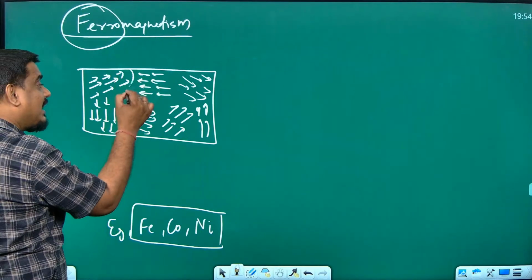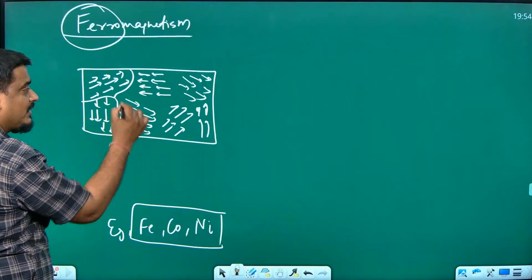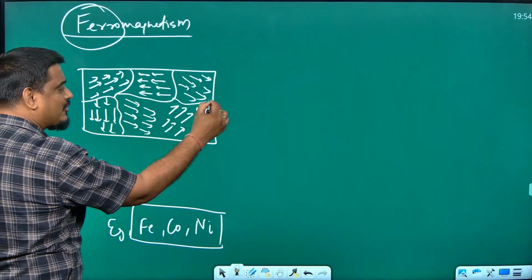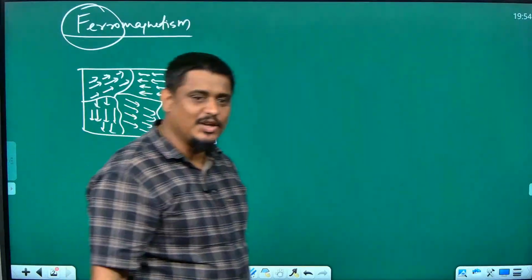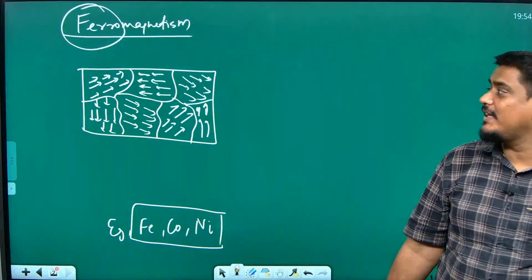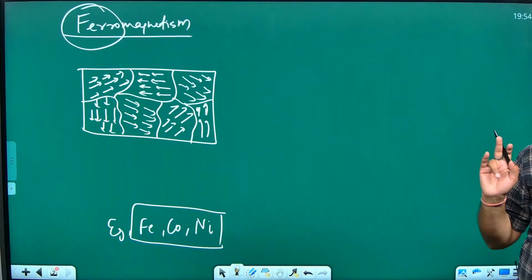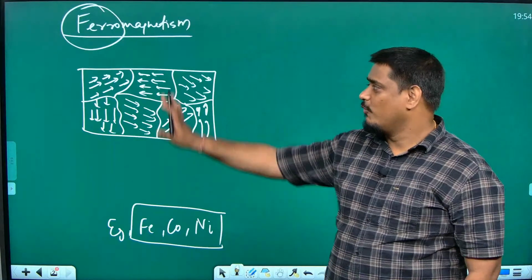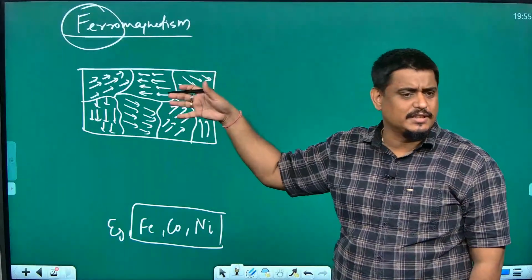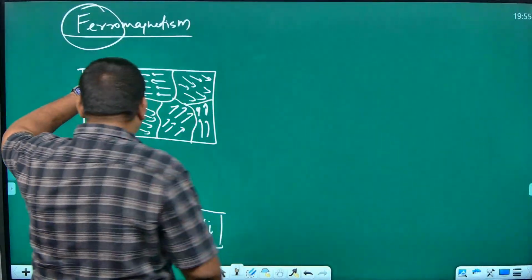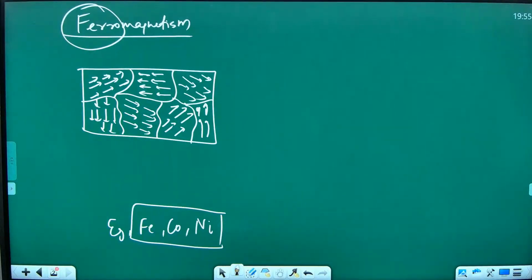Domains are collections of electrons, I should not say electrons, the unpaired electrons, which have magnetic moments in a particular direction. So overall, will this material have magnetism? No, because they are cancelling out each other. But if I take a domain alone, it will be magnetic in nature.